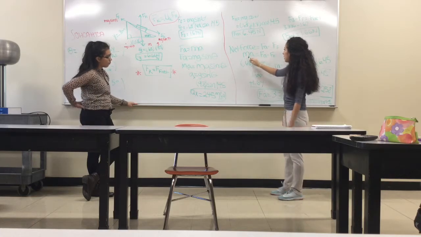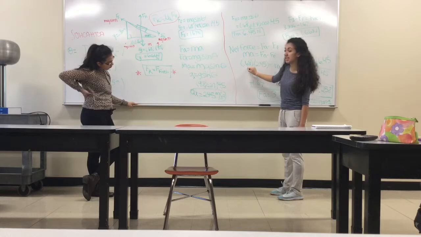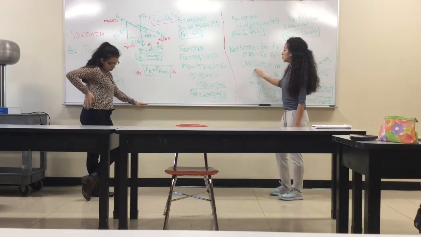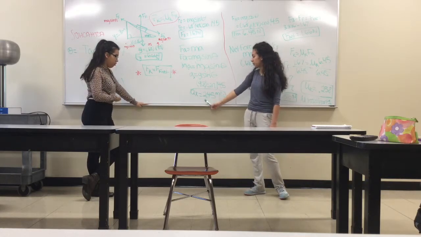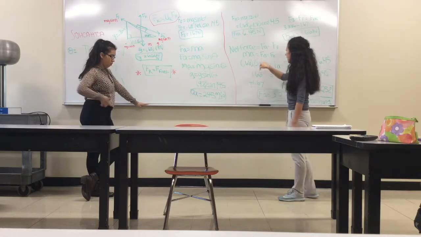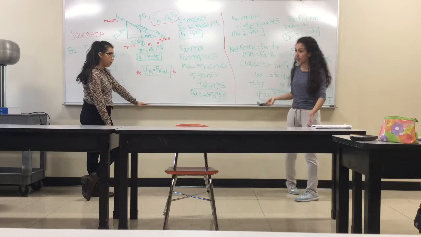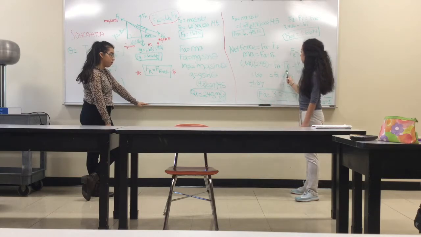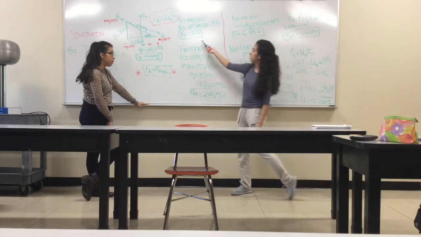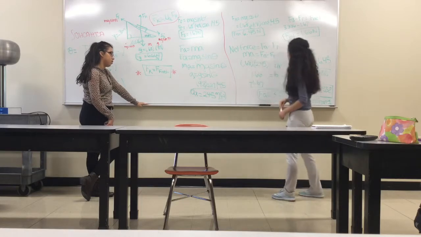Mass, 0.68. Acceleration, which we just found previously to be 2.45, plug that in, equals force applied, which we have no idea what it is, that's what we're trying to solve, minus force of friction, which we solved over here to be 1.67.